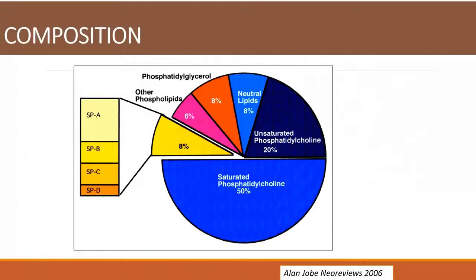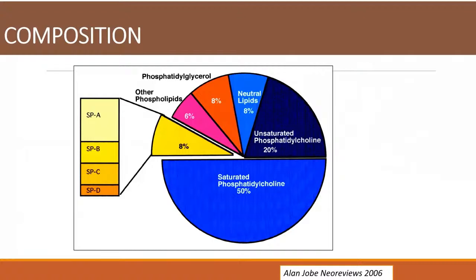So when we break down the chemical composition of surfactant, it is a well-known fact that 80% of surfactant is a lipid or phosphatidylcholine, which is the phospholipid responsible for reducing surface tension, 50% of which is saturated phosphatidylcholine and 20% is unsaturated phosphatidylcholine.